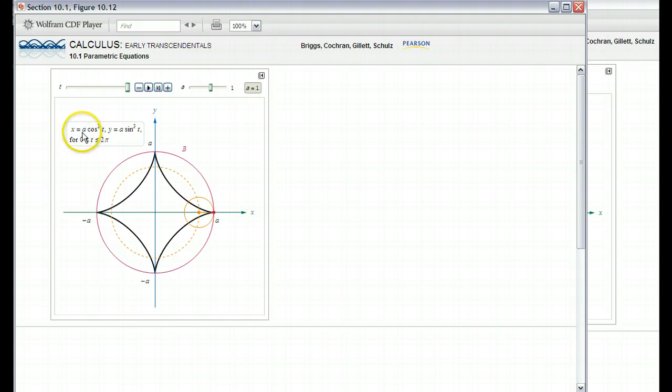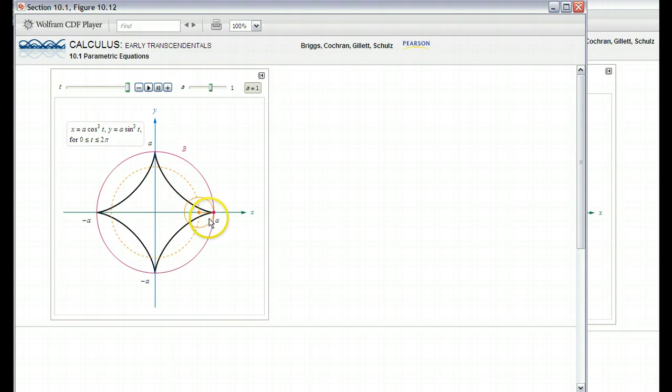So notice we have x equals a cosine cubed t, y equals a sine cubed t, just as we had in our slide, for t between 0 and 2 pi. We're expecting that the entire path will be generated on this interval of t because we know that the period of sine and cosine is 2 pi.